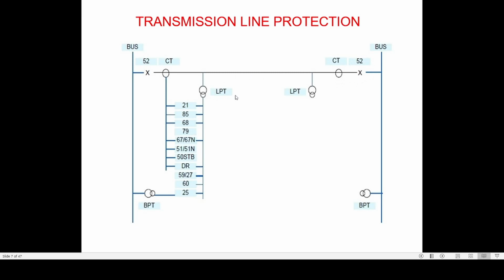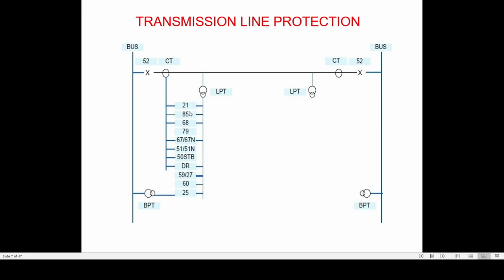LPT is basically the line potential transformer, but nowadays CVTs are used in all the utilities, and we will discuss shortly why CVTs are used and not PTs. Similarly, BPT is the bus potential transformer at both ends of the transmission line, that means BPT at substation A and BPT at substation B. Then these numbers 21, 85, 68, 79 are basically the ANSI codes.